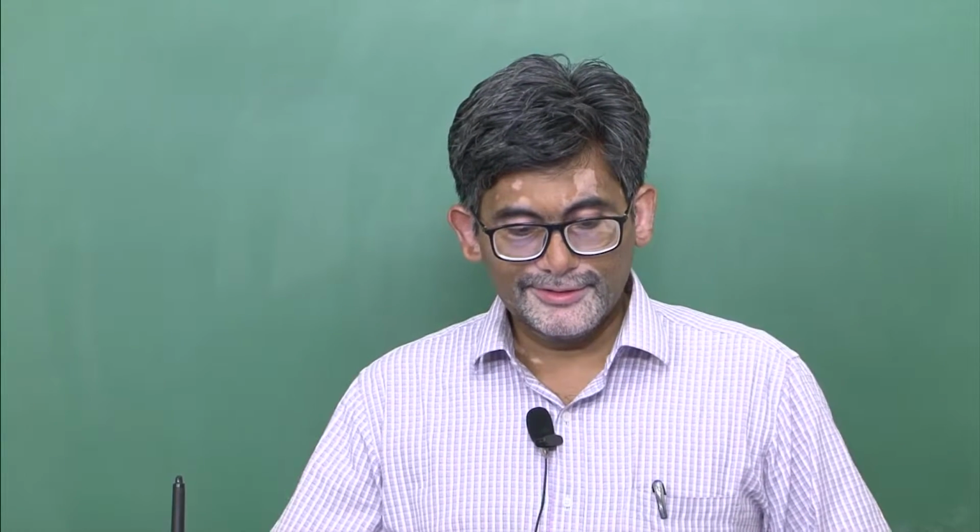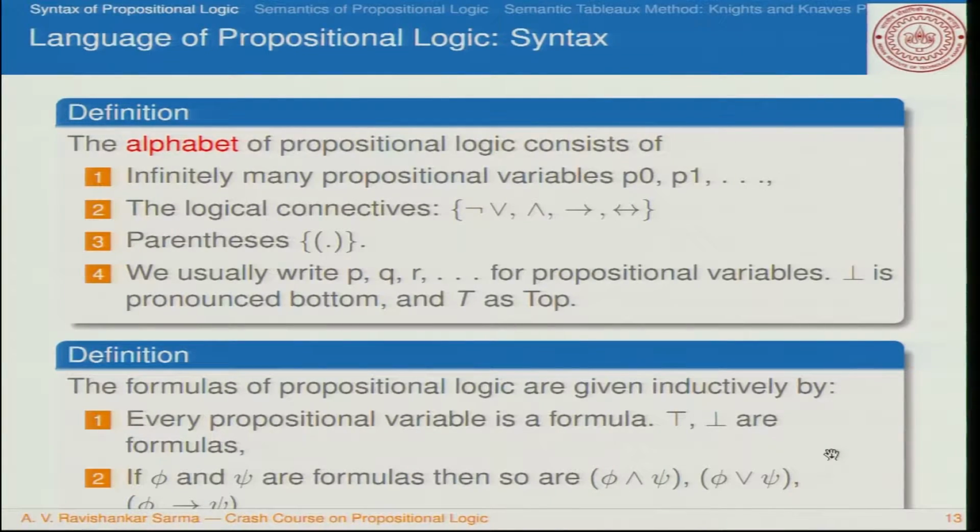Now we have these alphabets, and we know how these alphabets combine together and form meaningful strings, which are considered to be well formed formulas. Just like in the English language, not every combination of alphabet letters forms a meaningful word.